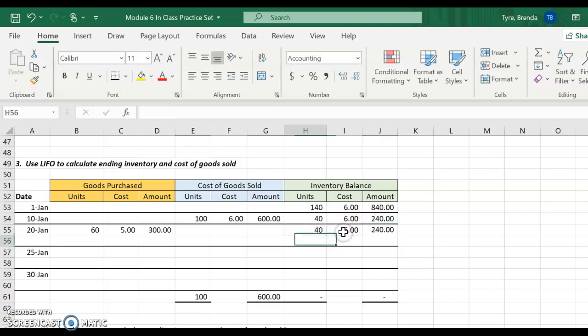To that, we're going to add the 60 at 5. On January 25th, we sell 80 units. Now we're going to take the 60 at 5, taking the latest purchase, and then we have 20 more to sell, which we'll take out of the $6 group.